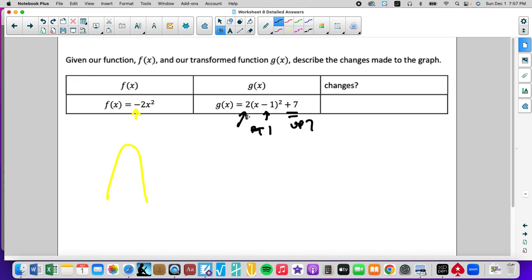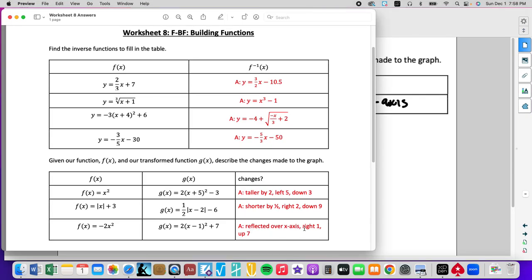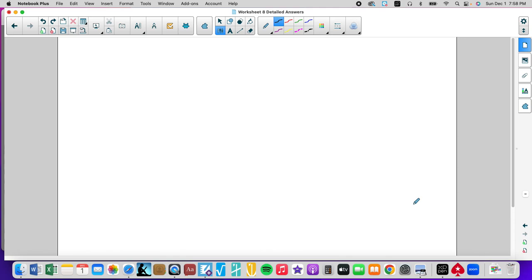It just flips it. It's not going to get any taller or shorter because it's the same unit. This negative just tells me that it's upside down. So it's going to flip on the x-axis, and then it's going to go right 1 up 7. Let's see if that says that. Reflect over x, right 1 up 7. Let's go. Love it. And that's it.